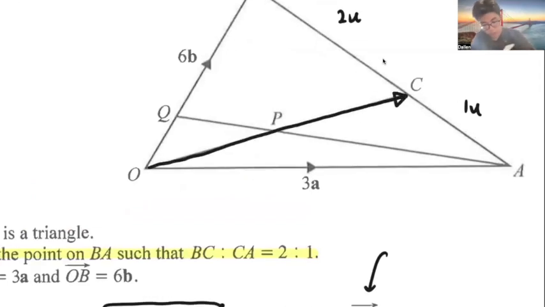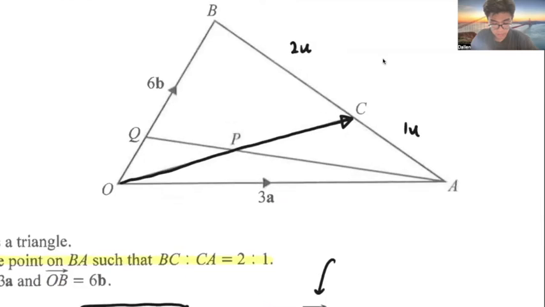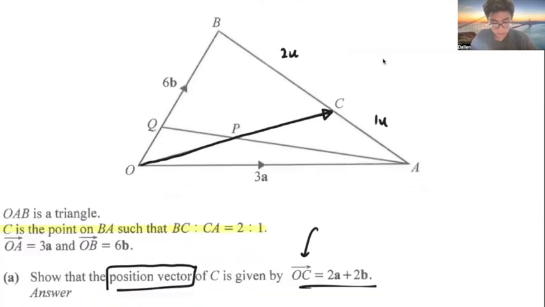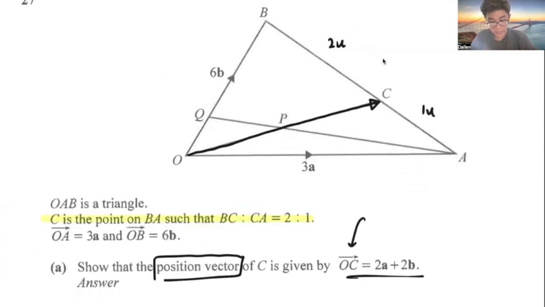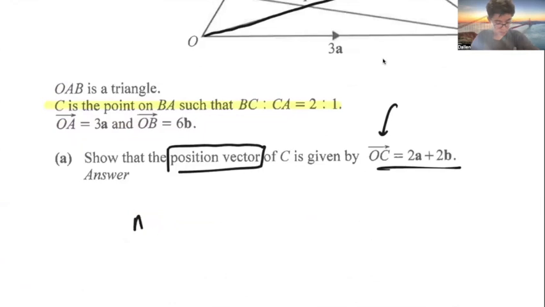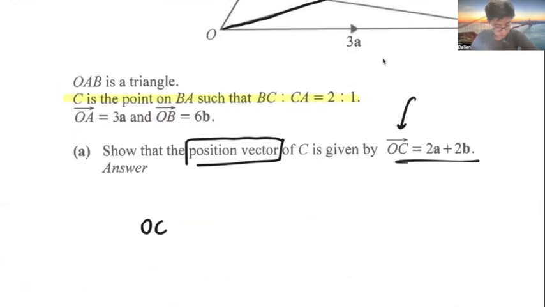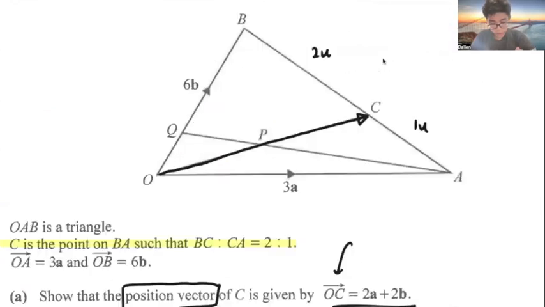So how do we do this? First we will of course use this ratio. Let's say we want to find OC, right? We have two ways to do it, either like that or like that.